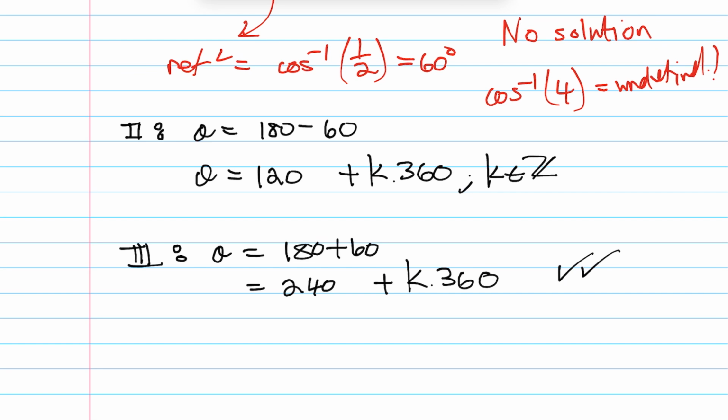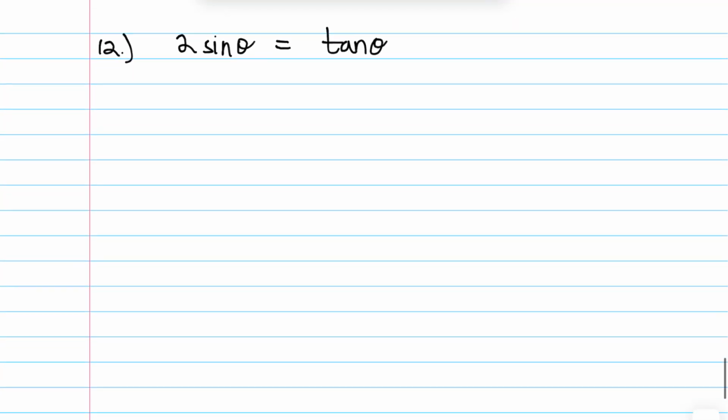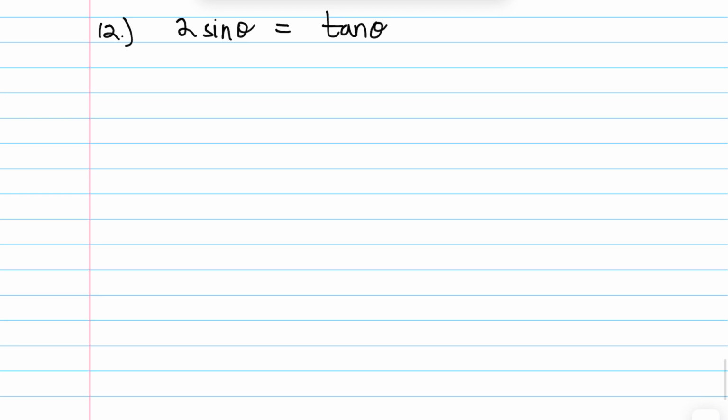Okay, and now moving on to our last and final question. Here, we're also going to solve this one by using the tan identity. Let's start by breaking up tan into a fraction. Since I'm breaking up tan into sine over cos, I might as well also split up my left hand side into sine theta over 1.